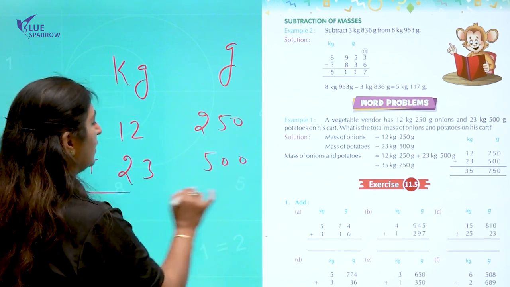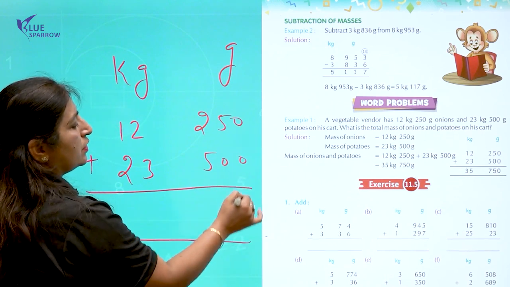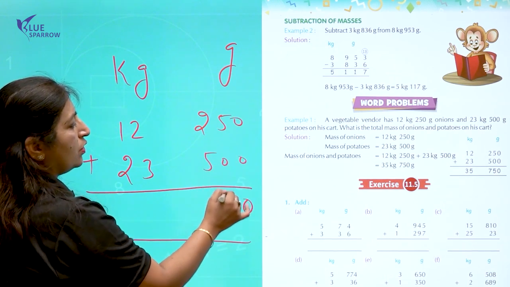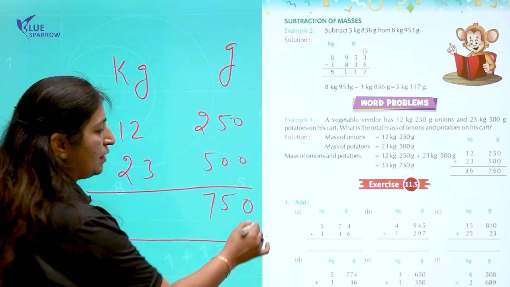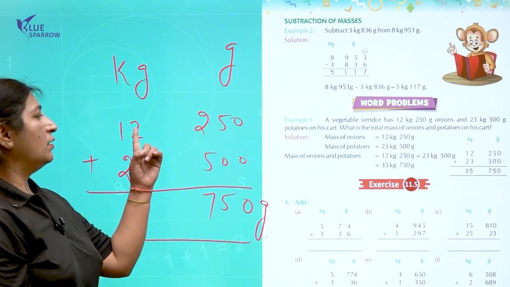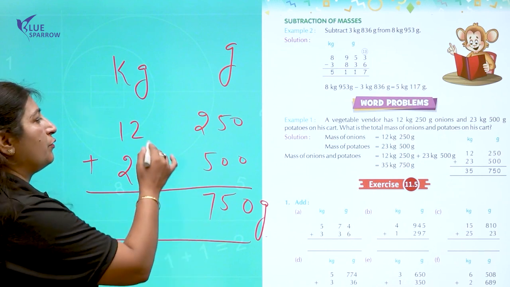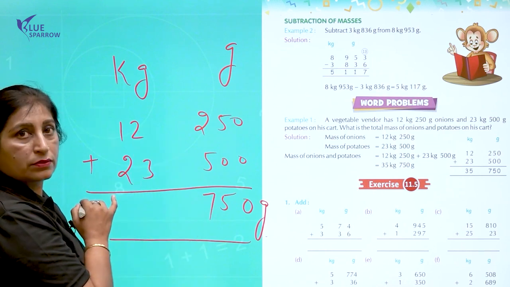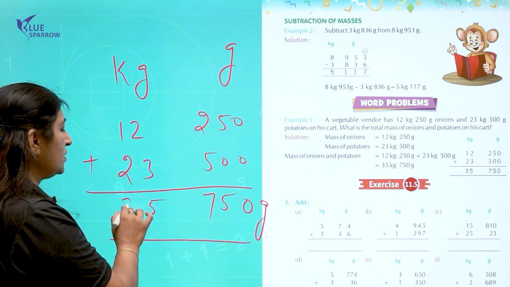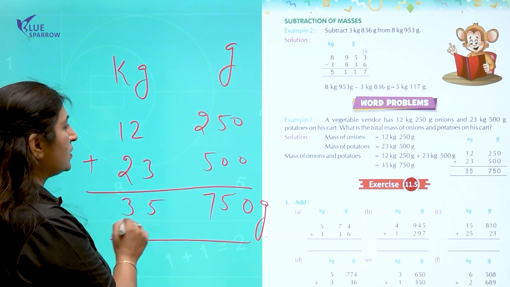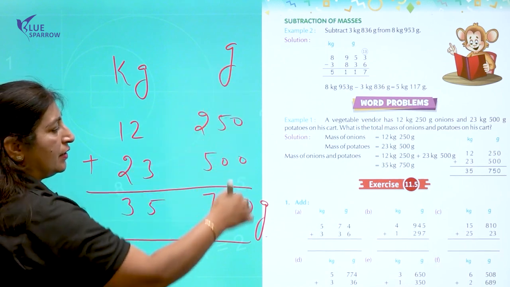Firstly, we would add the grams, which are 0 plus 0 gives 0, 5 plus 0 gives 5, 2 plus 5 gives 7, 750 grams. And when we add 12 and 23, firstly we would add 2 plus 3, it gives us 5. Then we would add 1 and 2, it gives us 3. So our answer is 35 kilogram and 750 grams.